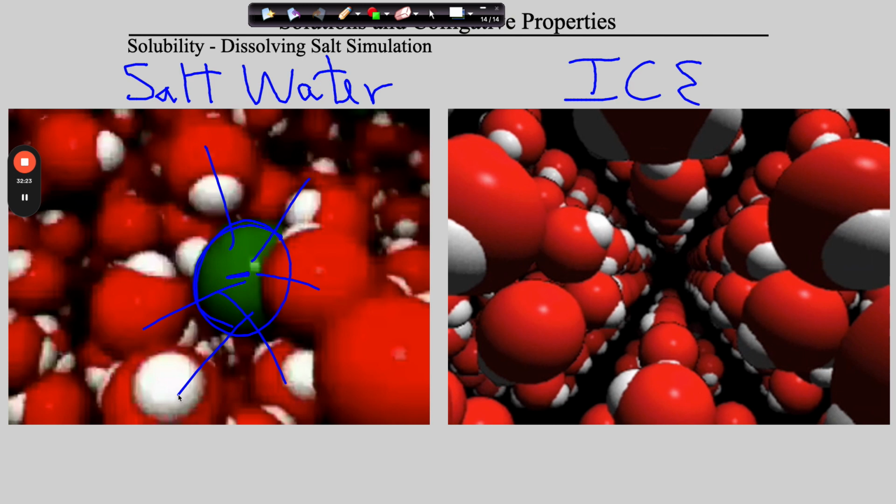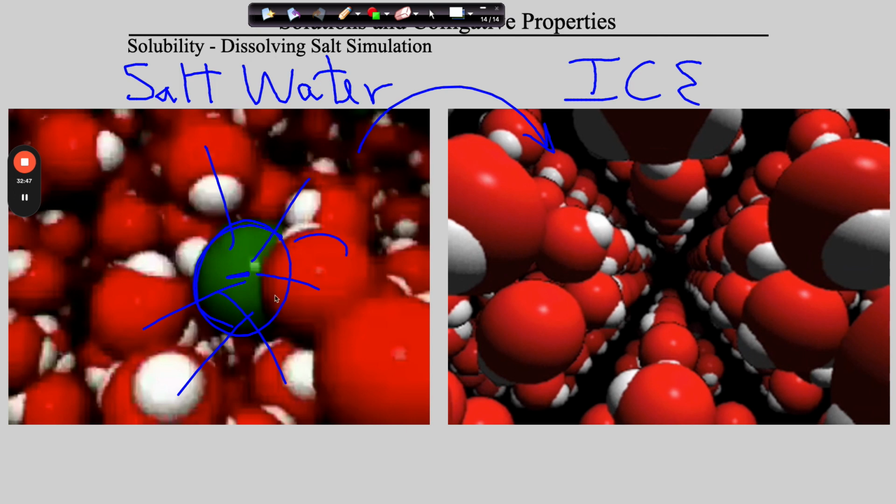Now guys, imagine if we want to take this salt water and we want to get it to freeze. Well guys, there's something you need to understand. When you freeze salt water, the salt cannot get trapped up inside of the ice. Guys, water molecules cannot freeze if they're stuck to salt.